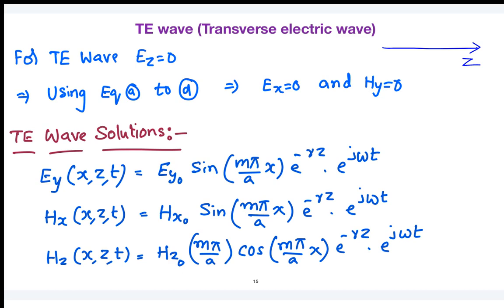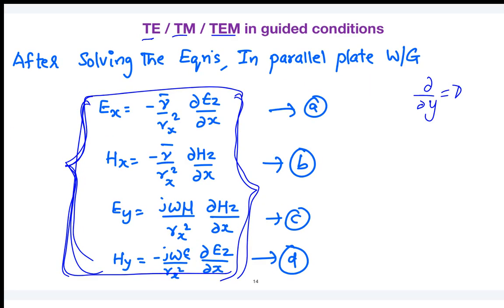So when you put Ez equal to 0, have a look at this equation. Tell me which components become 0. Okay. Your Ez is 0 means your first equation, Ex, also becomes 0. Okay. Then what else? Your Hy becomes 0.